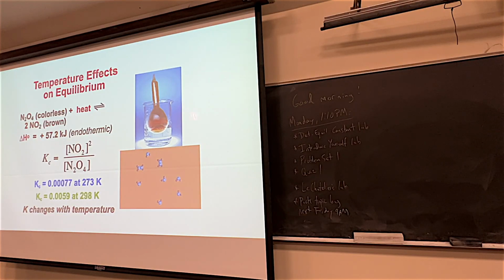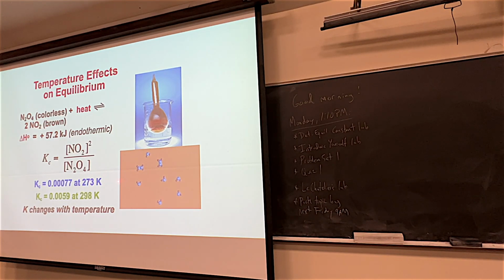What they did in this video is they talked about it as going from 273 to 298. I just told you about 298 to 273, but you can use the same idea. So at 273, the first part, you have N2O4, which is a little bit bigger molecules, and NO2s. No problem.